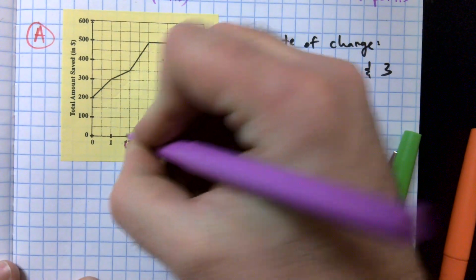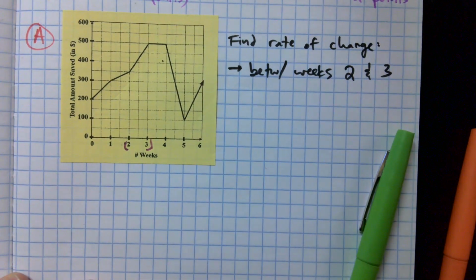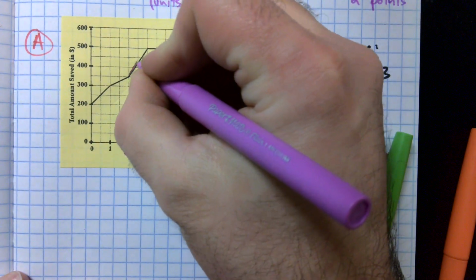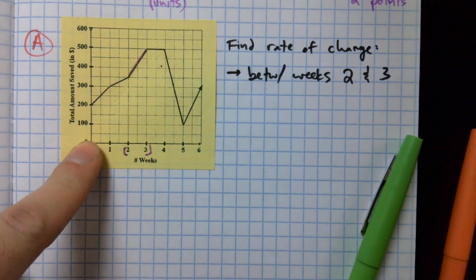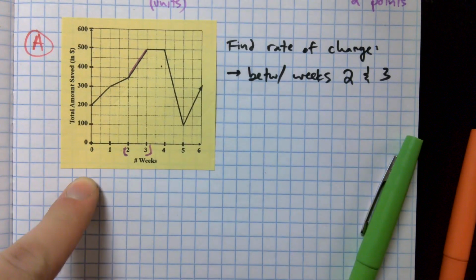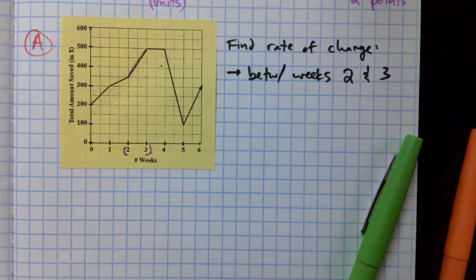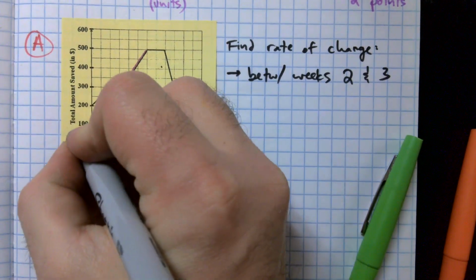So between weeks 2 and 3, that's this little section of the graph right here, represented by this little purple line. How many dollars is each box on the y-axis worth? $50.